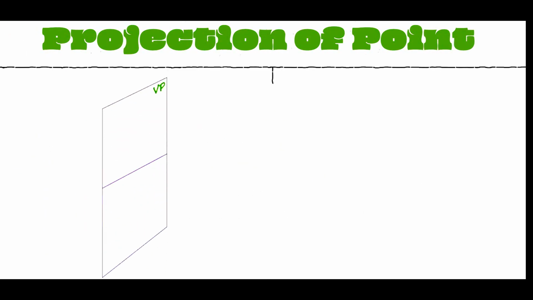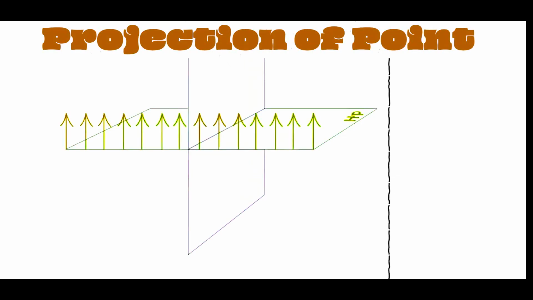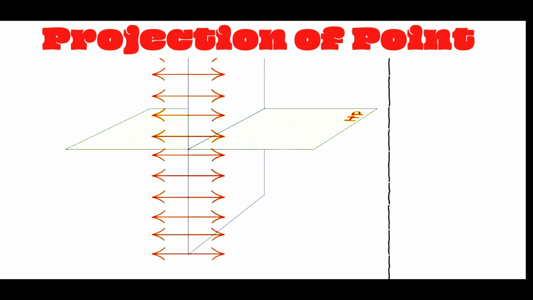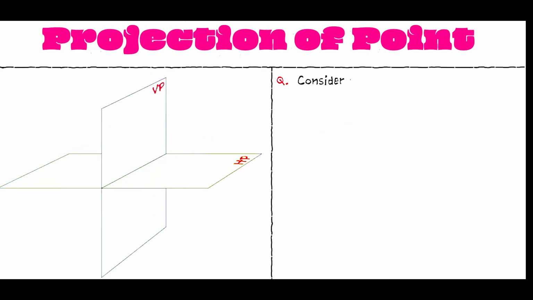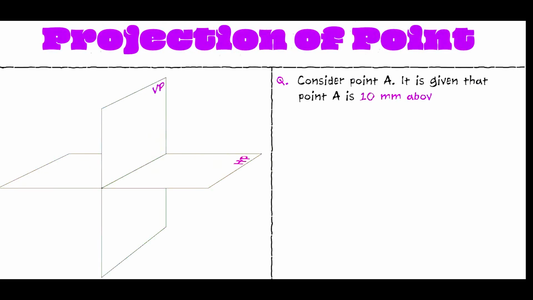Now let us consider different cases of a point and understand the terms above and below for HP and in front and behind for VP. Consider point A. It is given that A is 10 mm above HP and 30 mm in front of VP.